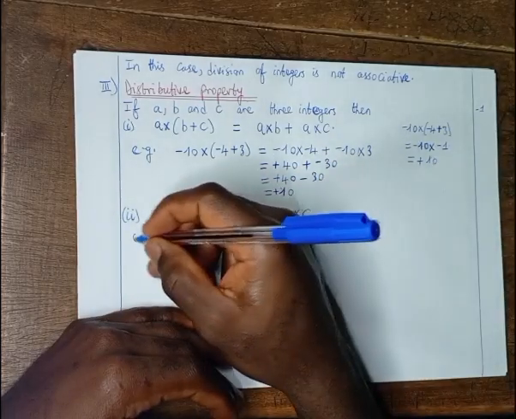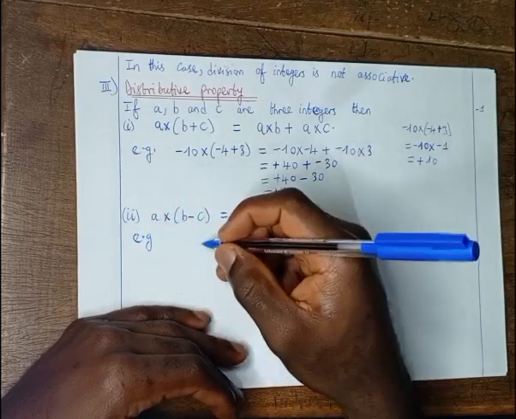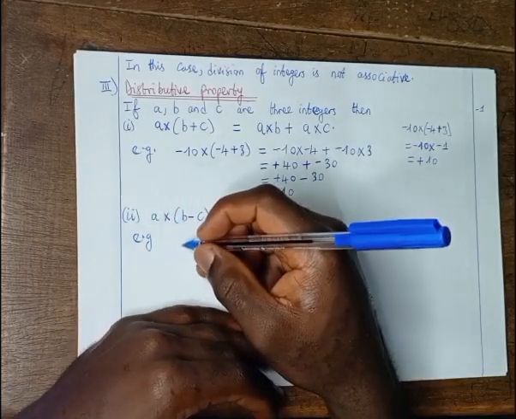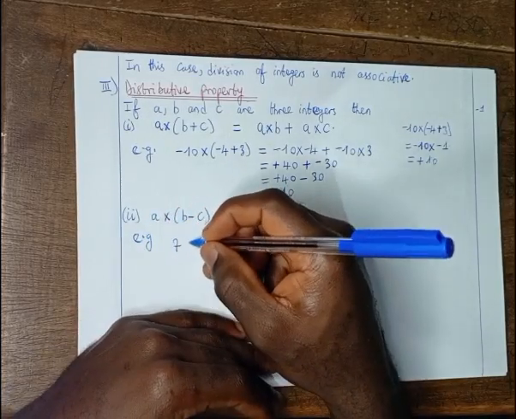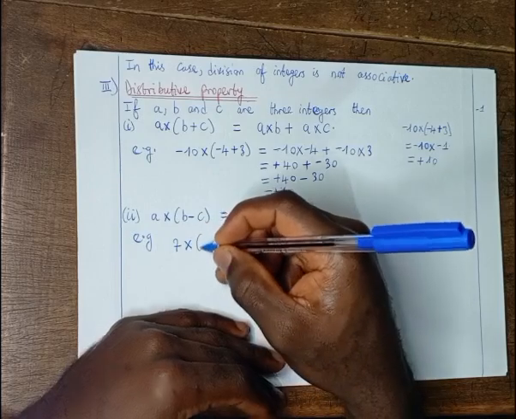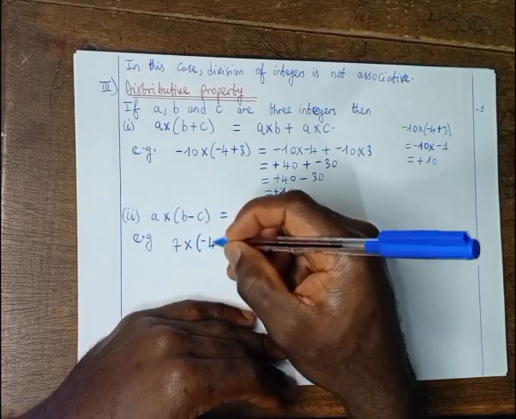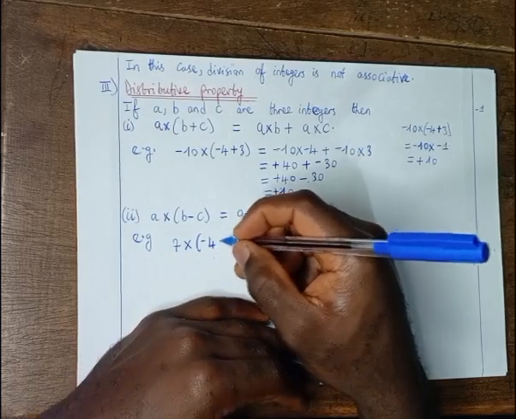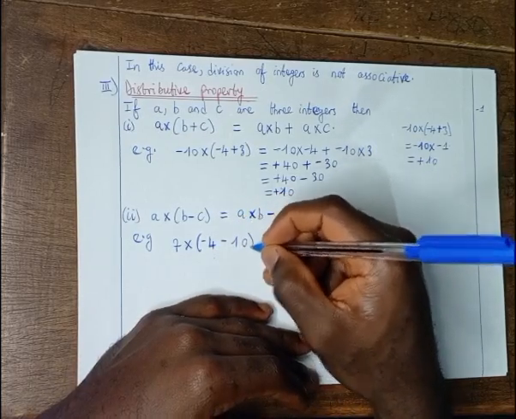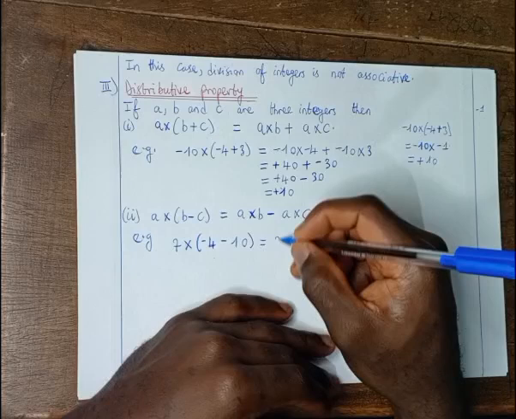Let's take an example, e.g. if we take 7 times negative 4 minus 10, this will simply be equal to 7.